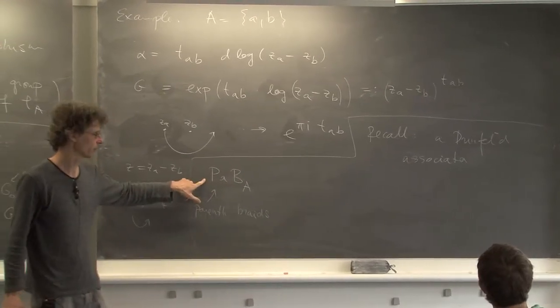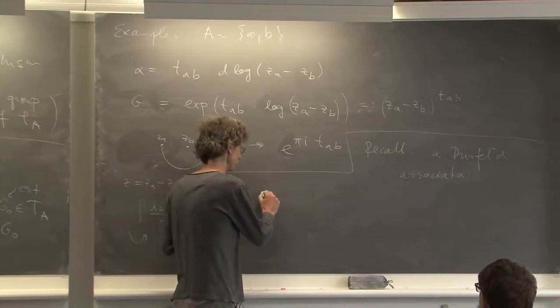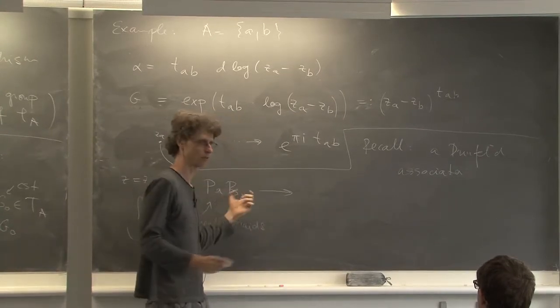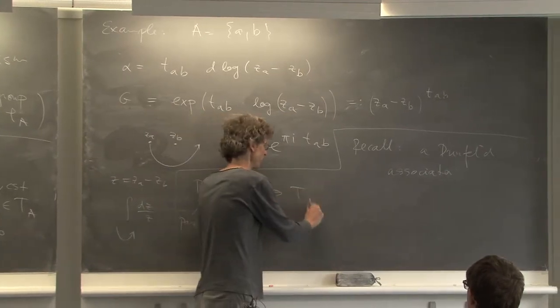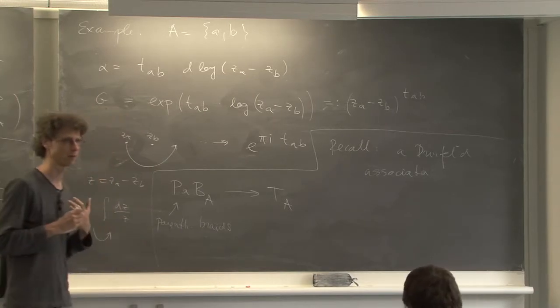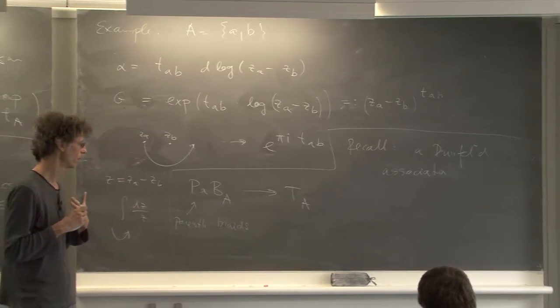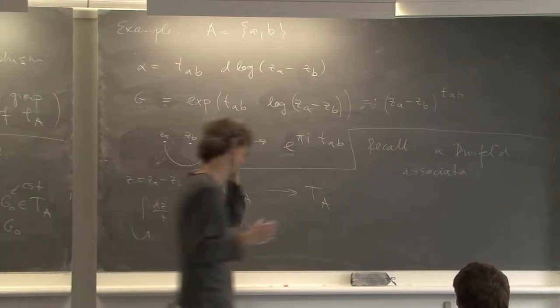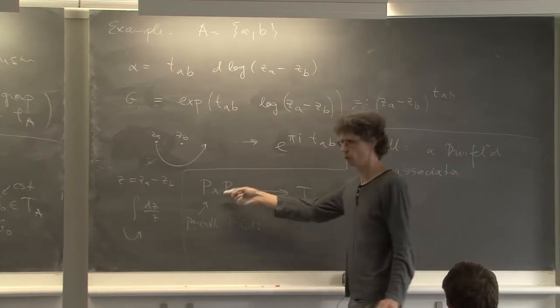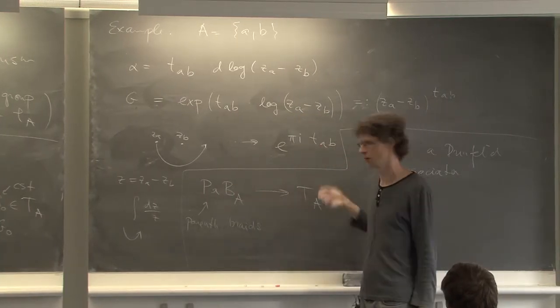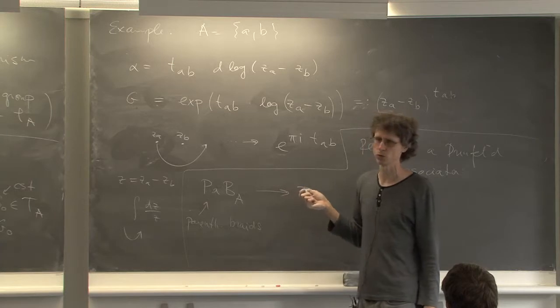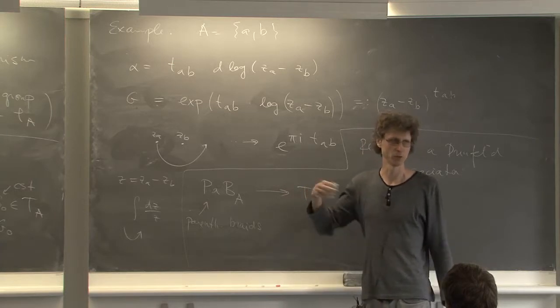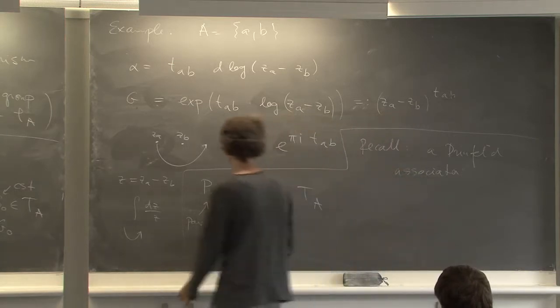So those are parenthesized braids, and we want to go from this groupoid to the corresponding group. And plus, we want to have these kind of groupoid morphisms, which is simply a group, which is also compatible with operatic compositions or with operatic substitutions.